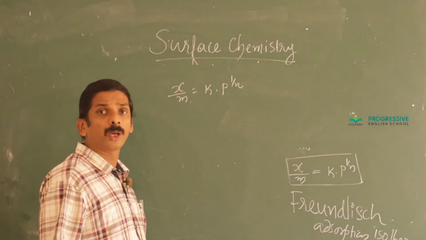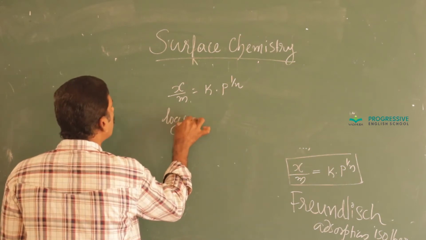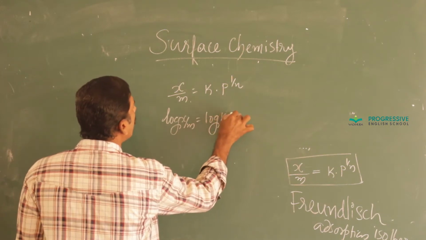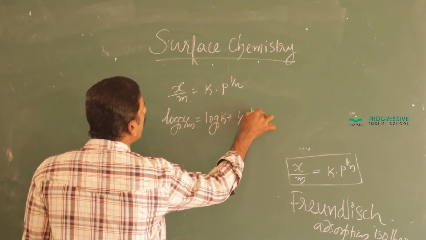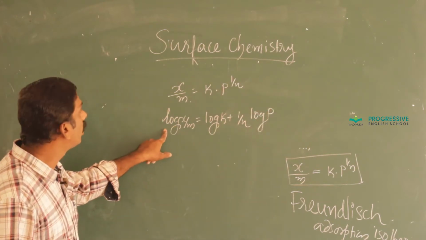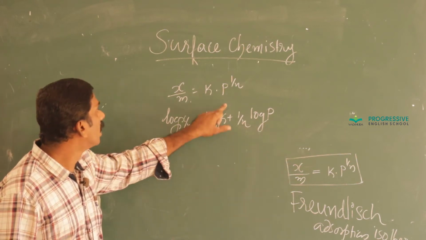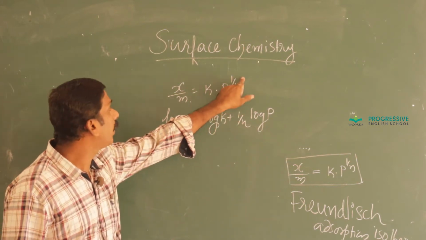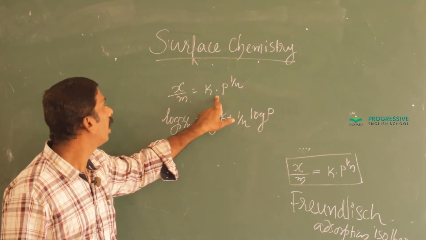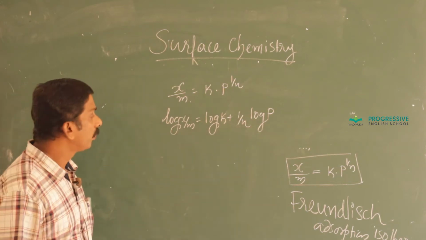And if we take logarithm on both sides, it becomes log x by m equal to log k plus 1 by n log p. Here k is the proportionality constant, and log p raised to 1 by n equals 1 by n log p.